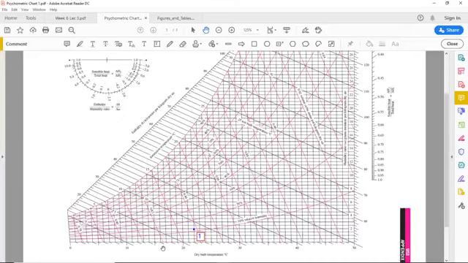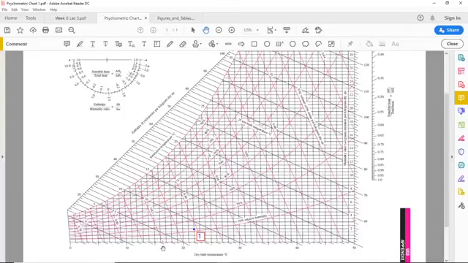M dot w is given to us in the problem statement, and so is the mass flow rate of dry air. Make sure you convert the values given in the problem into SI units, that is in kilogram per second of moisture and kilogram dry air per second of dry air. Then humidity ratio w1 we have already found out from the psychrometric chart, and the only unknown will be w2.